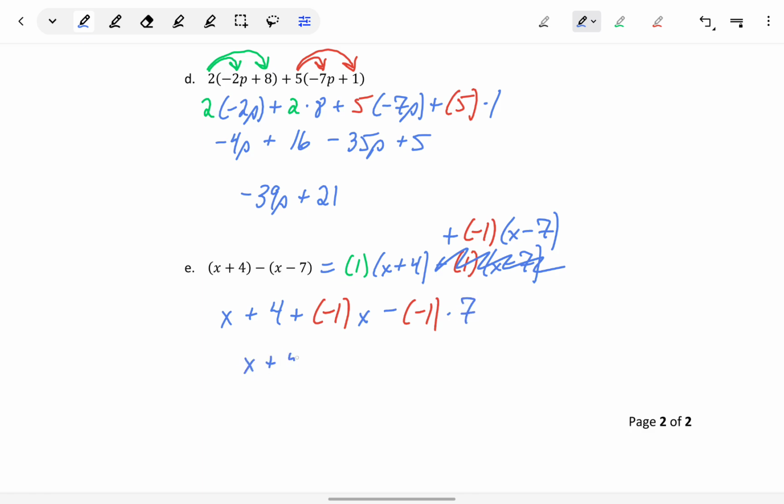So we'll get x plus 4 minus x. The two negatives will cancel each other out to give us plus 7. And then our two x terms will cancel out. 1x minus 1x will be 0x. And then 7 plus 4 will be 11. So we get 0x plus 11, or just 11.